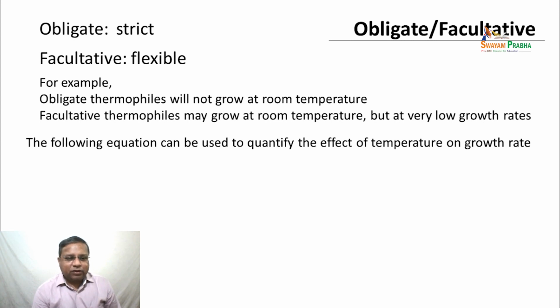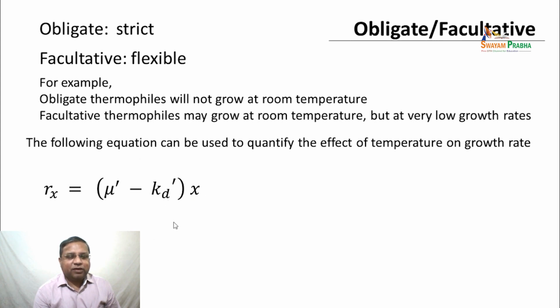Going forward, the following equation can be used to quantify the effect of temperature on growth rate. Something similar to what we had seen earlier in one such situation, but this is in a different context. Rx, the volumetric rate of cell growth, equals (mu dash minus kd dash) times the cell concentration x.